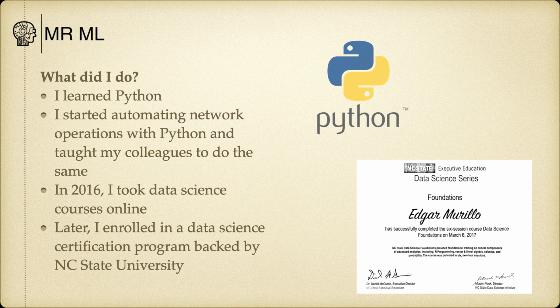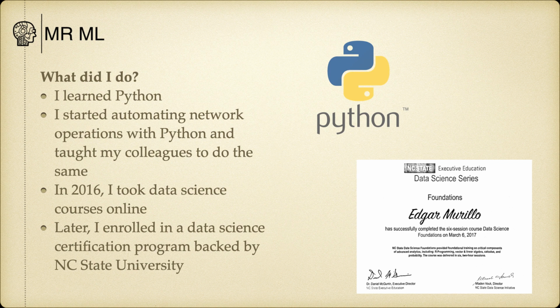After that, in 2016, the company started saying that data science would become the next big thing. I remember my manager recommended to take data science courses, so I did. I enrolled in online courses. I think it was Coursera, and other companies at the time, and I started learning about data science and artificial intelligence and machine learning.